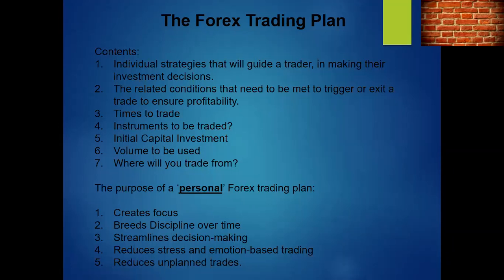And it also reduces stress and emotion-based trading, because if we've said that we're going to trade 10 cents per point move, per pip move, then we will trade just that. Remove any emotions.